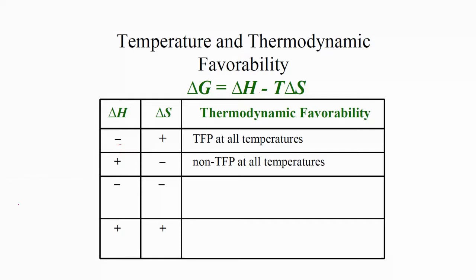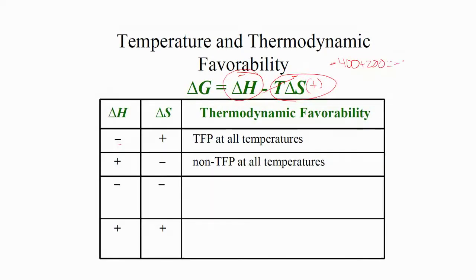A negative delta H and a negative delta S. A negative times a negative is a positive. But if my delta H is larger than my T delta S, for example, let's say my delta H was negative 400 and my T delta S was a positive 200.